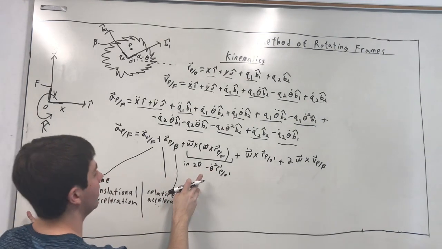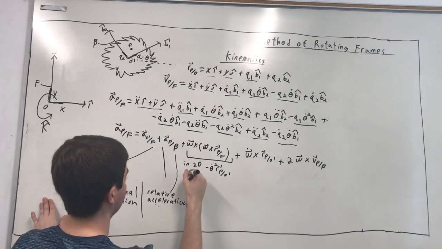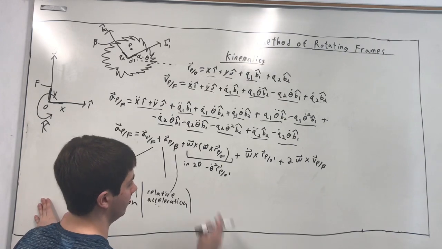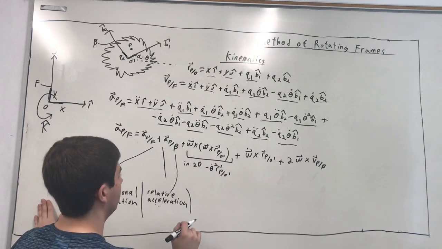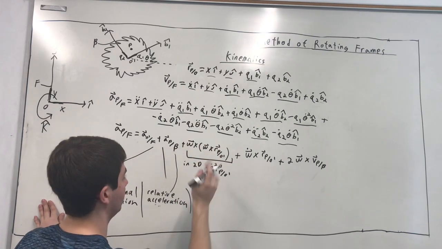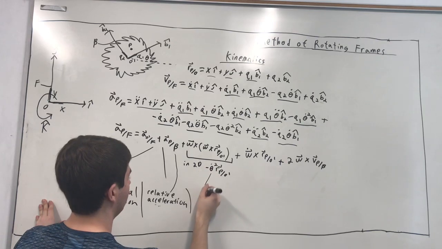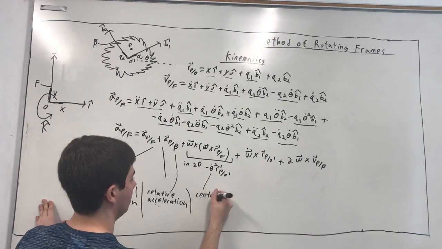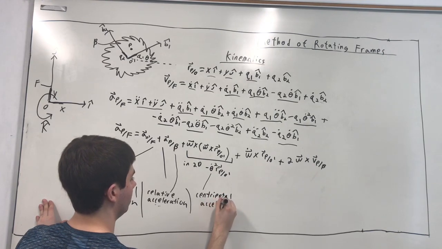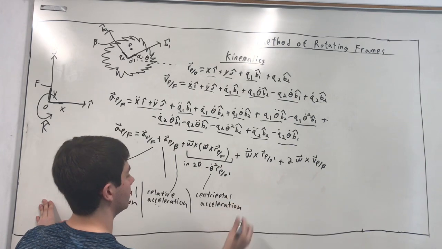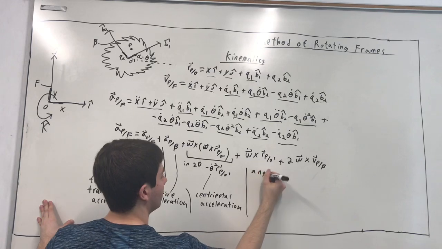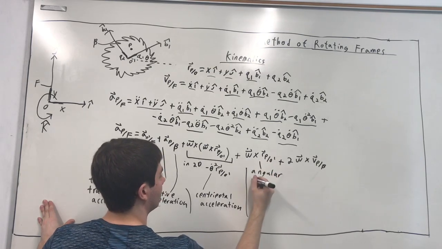Here you have your centripetal acceleration. You got that omega squared, or theta dot squared, which is omega squared, without the vectorized portion of it. So this is your centripetal acceleration. Right here, this is your angular acceleration.